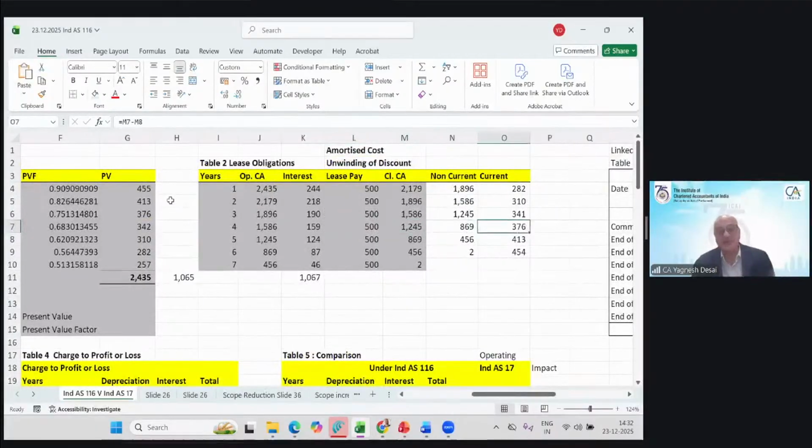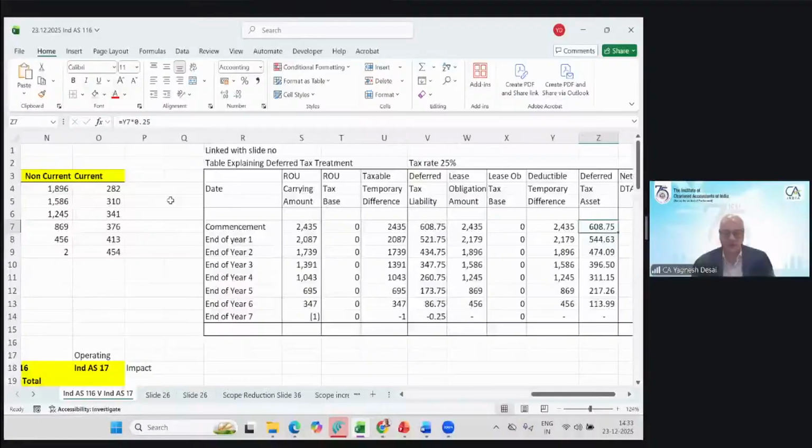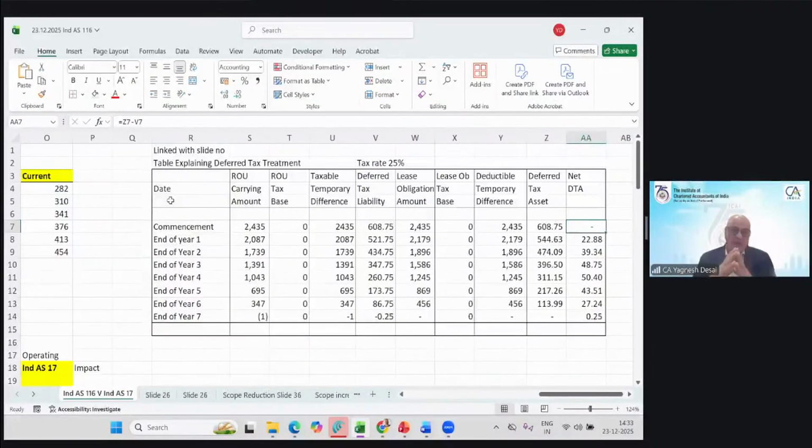Friends, since we have come to this, we have delved so deep into Ind AS 116, let's do one more thing. This table gives you an idea that the entity has to recognize deferred tax assets and deferred tax liability. My dear friends, here I'd like to give one very good sentence, and I'm sure you know this, but still, I'd like to repeat it here.